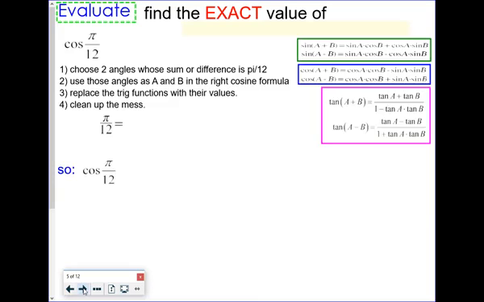That's really precise, it's really accurate, but it's still not exact. Okay? If it says exact, basically I don't want a decimal approximation. Not even to 100 decimal places, that's still not exact. It's precise, but not exact.